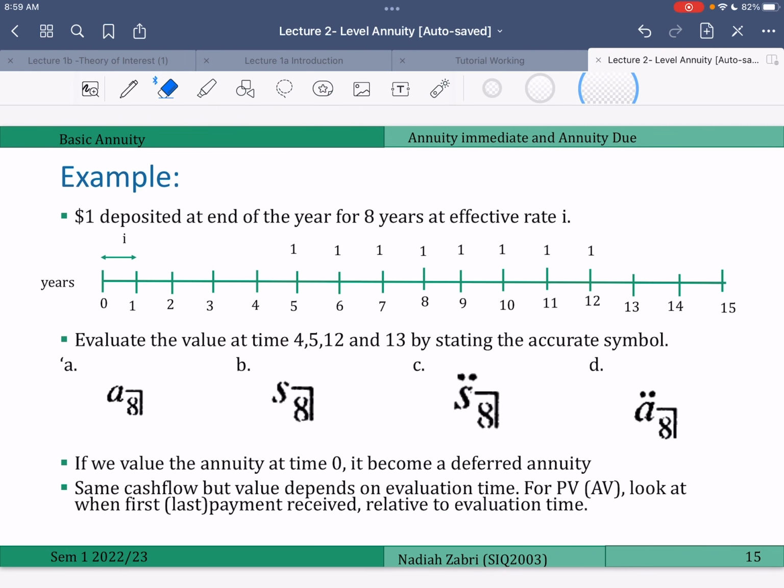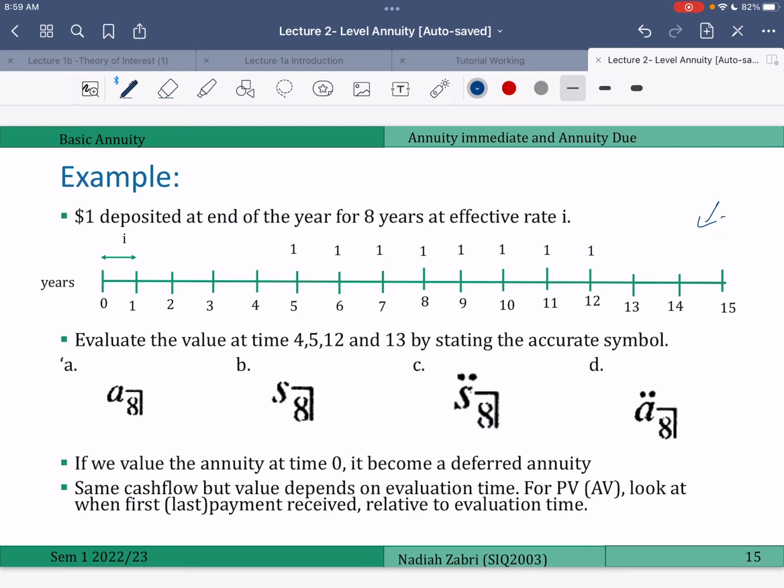Okay, this one I just want to show you that even before this we already see, right, annuity immediate, 1 year from now it will become annuity due. So when you see a cash flow, for example, when you see this cash flow is a bit unique.